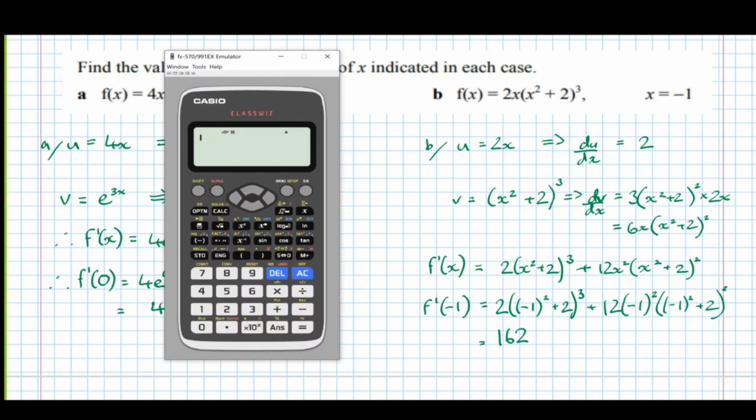So what I'm going to do is check it using the differentiation function on the calculator. I'm going to take the original expression and differentiate it. The differentiation button's here above the integration button, shift, then that, and that'll allow us to differentiate a function.